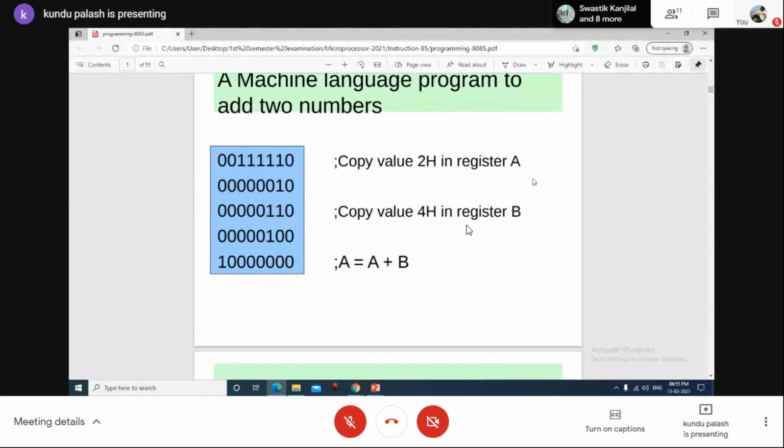Example of the data transfer program. So these are the assembly instructions, and these are the meanings of these instructions according to the nature of the operation. For example, this instruction means load a 16-bit number 2050 in register pair HL.